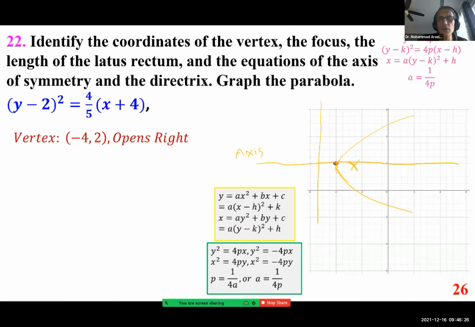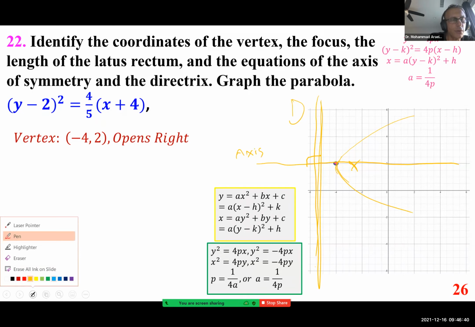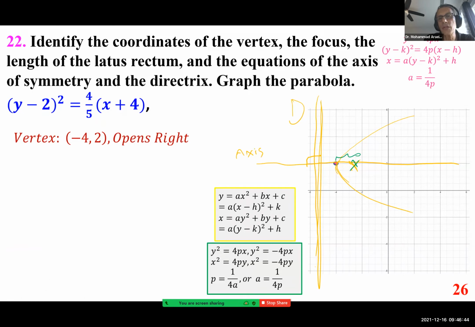And I know this line is called the directrix, is perpendicular to the axis of symmetry. And I also know this distance is the focal distance, and this distance is the focal distance. So my suggestion is, if you come across a question like that, have a rough sketch, and therefore you can come up with the rest of it.